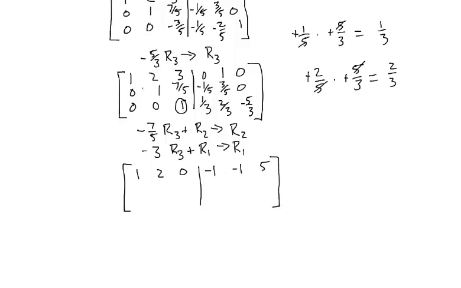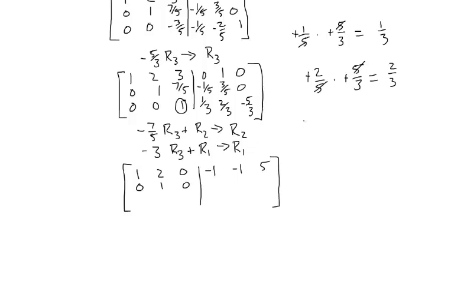In row 2, we have a 0 times negative 7/5 plus 0 gives me 0. Negative 7/5 times 0 again is 0 plus 1 is 1. Negative 7/5 times 1 is negative 7/5 plus 7/5 gives me 0.